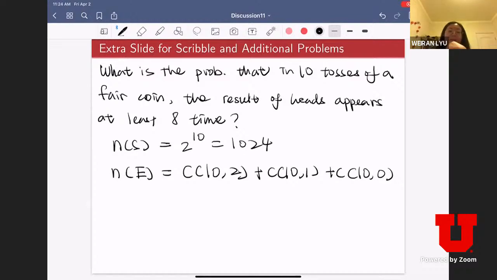If we think of it as each toss having 2 different choices, it should give you the different outcomes. So these are identical tosses, but for each toss they're independent. They are identical, but they're independent.